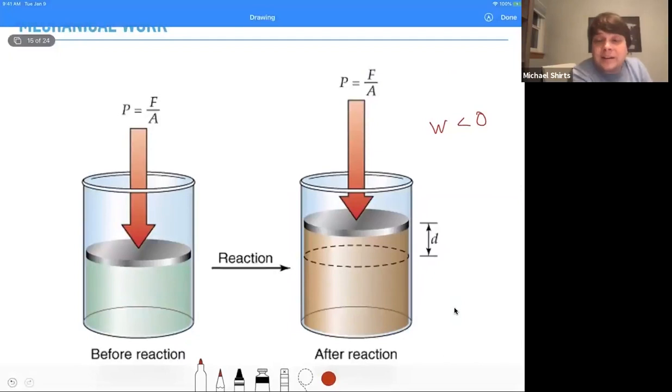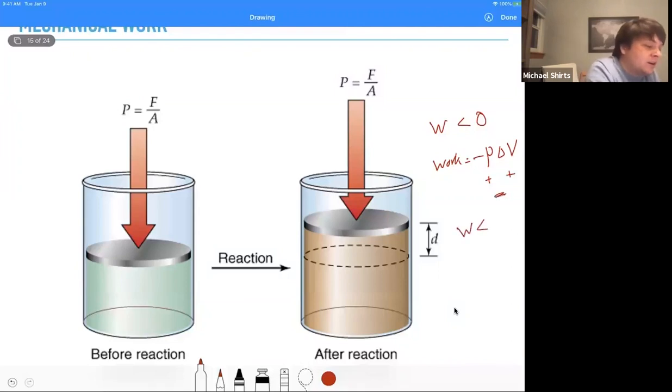Now let's make this quantitative. I did the back of my hand argument. So work, let's plug it in now, is minus P delta V. Well, the air is pressing in on a reaction, so pressure is positive. And the change in volume is positive, it's expanding. So negative times positive is negative.